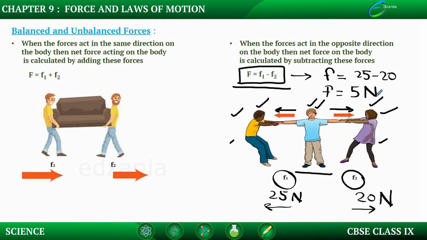Net force comes out to be 5 newtons. And the direction of motion would be towards left. Since the greater force is acting towards left, this person will move towards left. Therefore, the net force will be 5 newtons towards left.